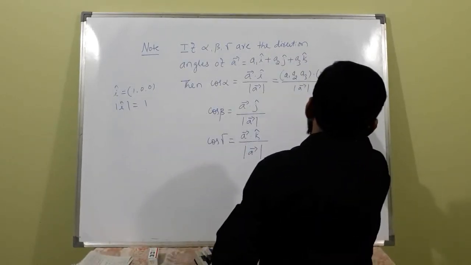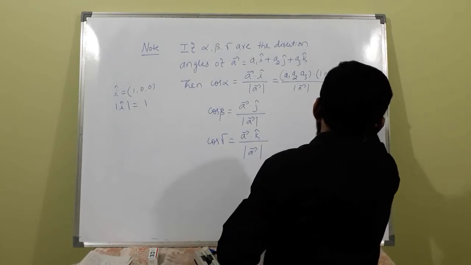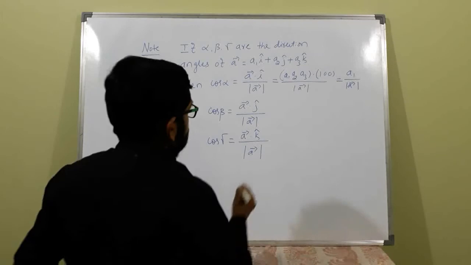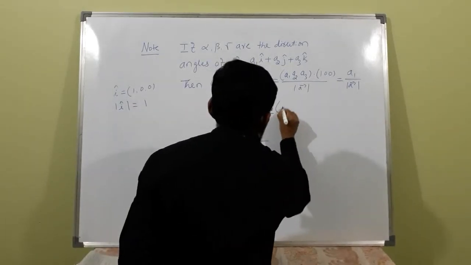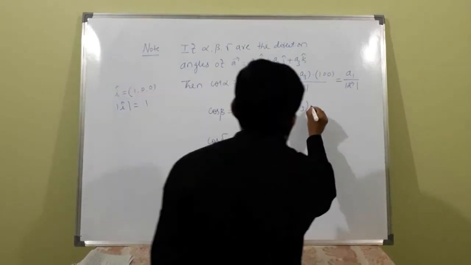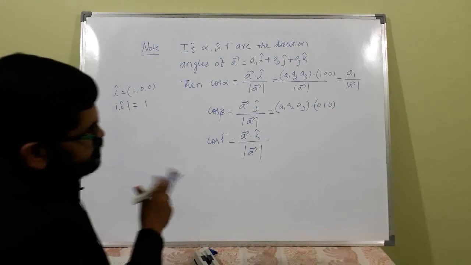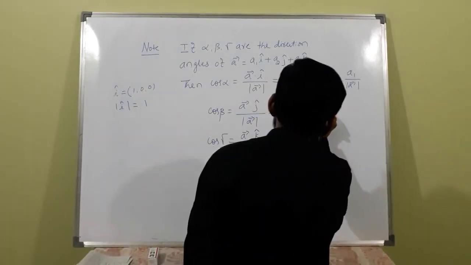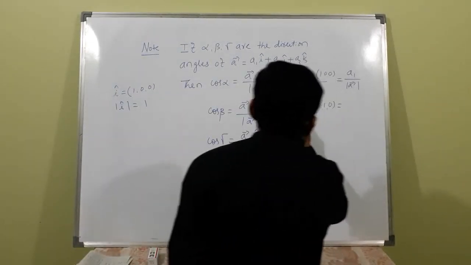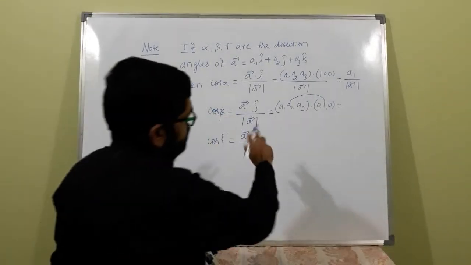That means this turns out to be A1 by magnitude of A. Similarly, this is (A1, A2, A3) dot (0, 1, 0), j is (0, 1, 0). This is only A2 into 1, remaining 0.